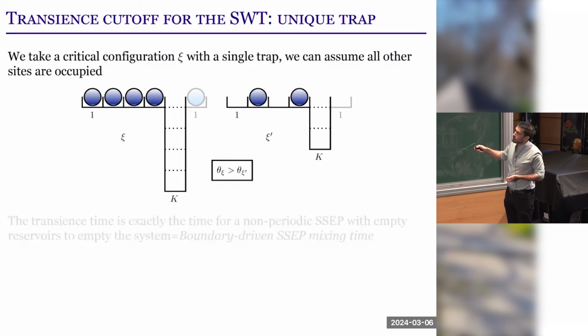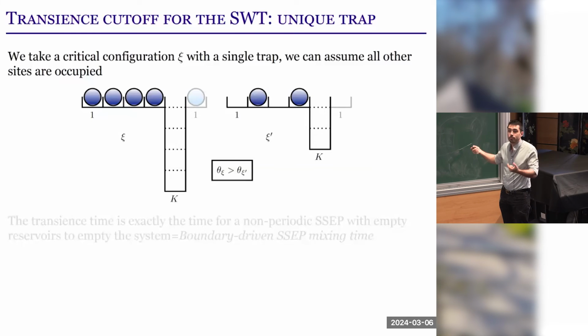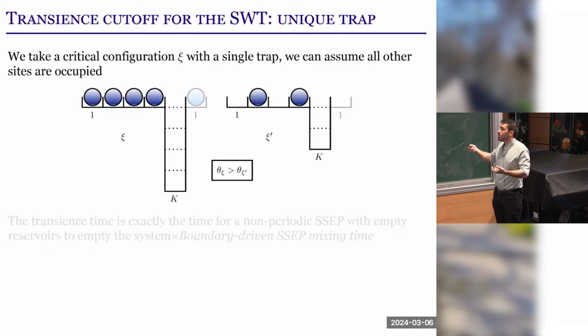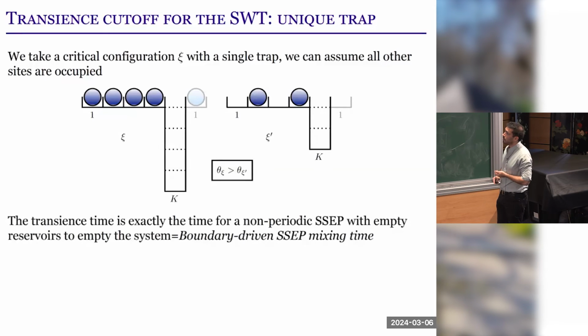Since in any case, if you just look at the particles here, you can treat the single trap as an empty reservoir. Because once all the particles have been removed, and they are being removed at rate 1 as if this site was a reservoir, essentially once everything has disappeared, nothing more happens, so the bulk of your system is going to behave exactly like a SSEP in contact with reservoirs.